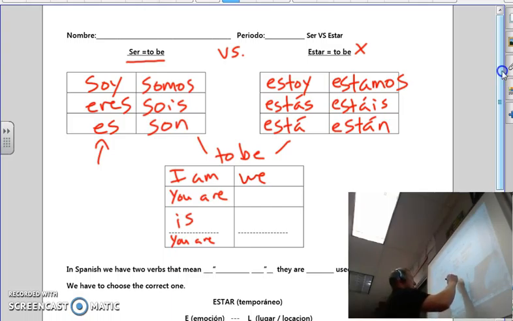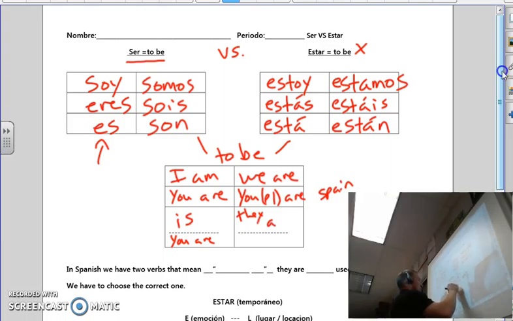Somos and estamos significa we are. So be you plural are for España. And lastly, we have they are. Son or están, and then if you're using this one for you plural, ustedes, this would be you plural are.